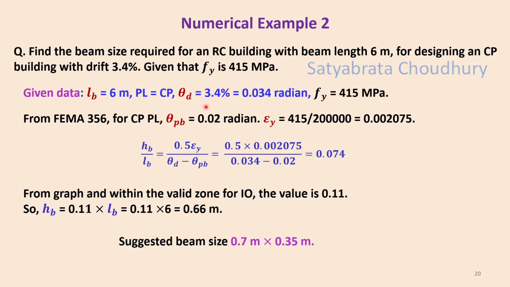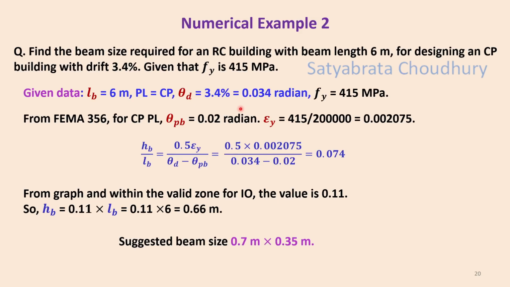Targeted drift 3.4%. This target satisfaction of IO, LS or CP or any drift is not possible in the codal design. In the codal design, the code may say, we wish your drift should be this much. For example, the Indian code says the elastic drift should be 0.4%.